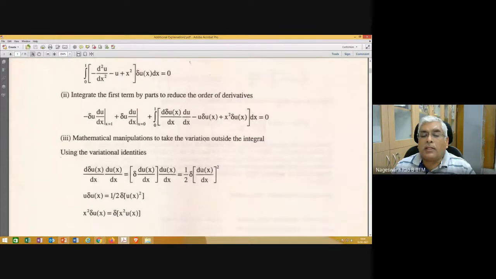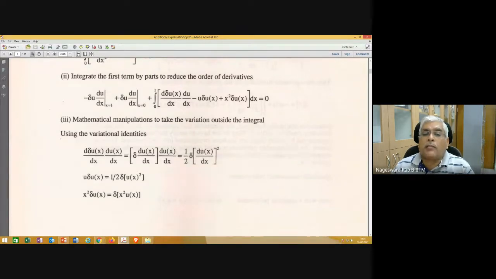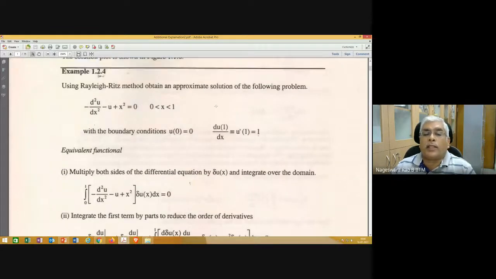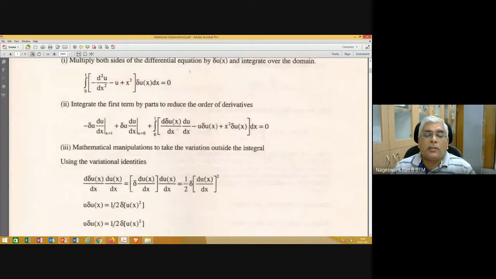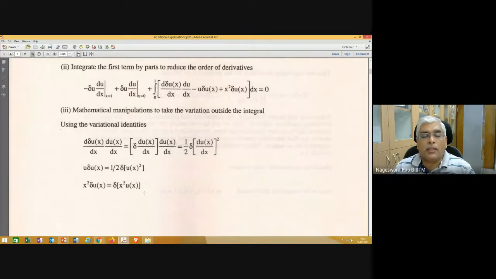The third step is to use variational identities, and see which terms get eliminated or vanish based on the essential boundary condition that is given. Wherever an essential boundary condition is specified at a particular point, the variation of u is going to be 0. That is what is explained in the third step.